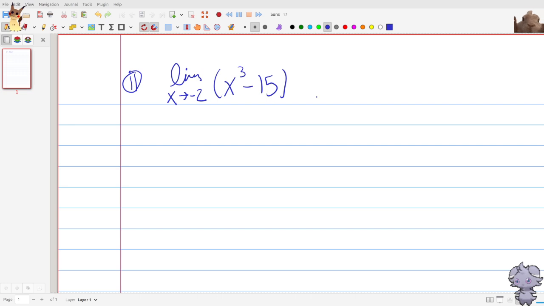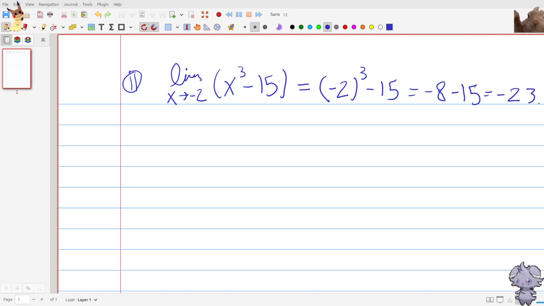This is a polynomial, and for the limit of a polynomial, you just plug in the numbers. So it will be minus 2 cubed minus 15, that is minus 8 minus 15, which is minus 23. So we solved the first limit.